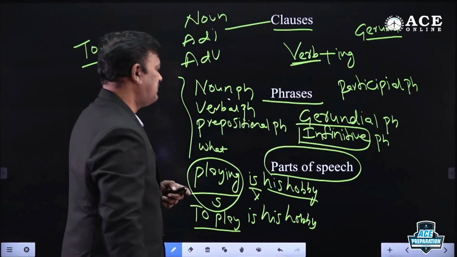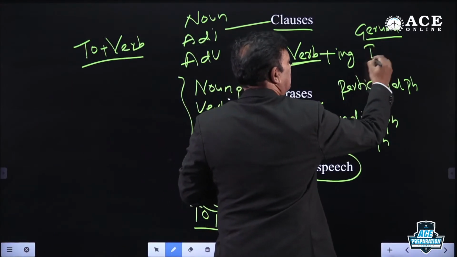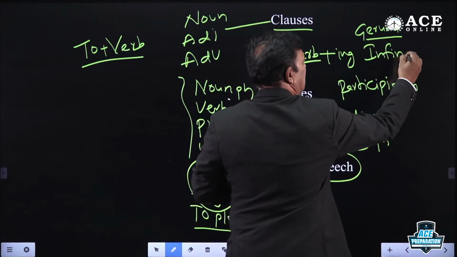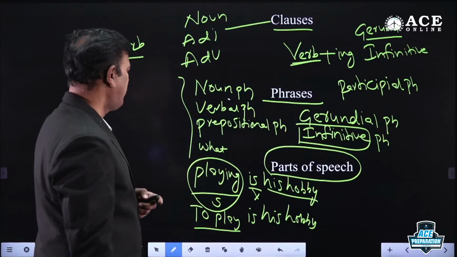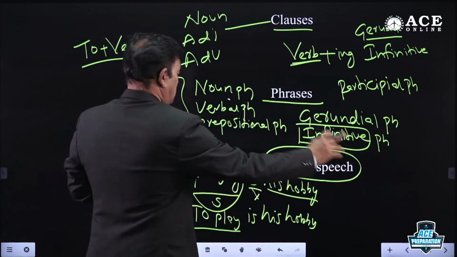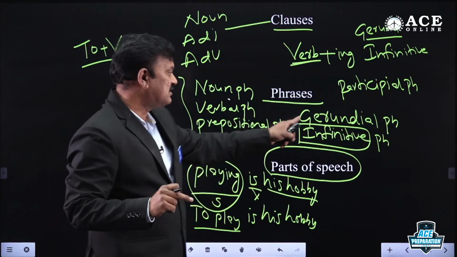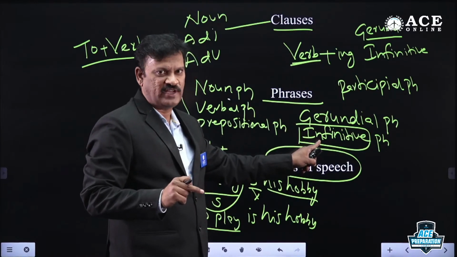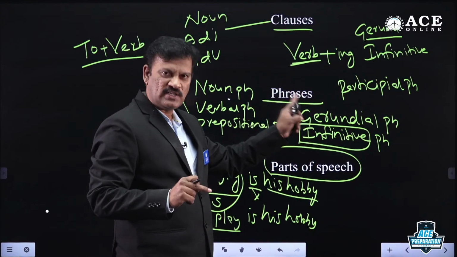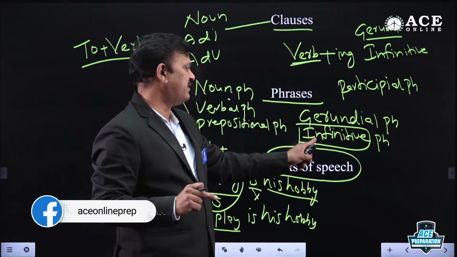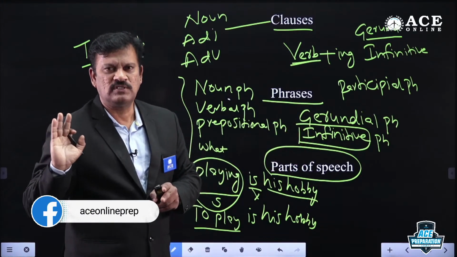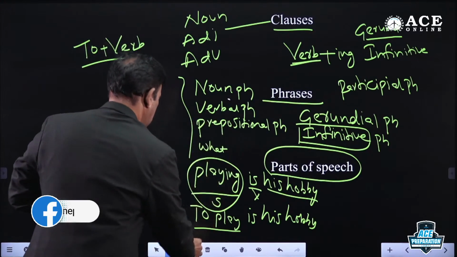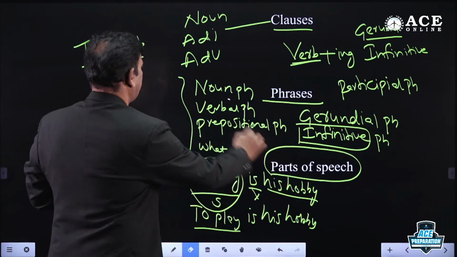This is grammatically called infinitive. Okay. I haven't talked about gerundial phrase, infinitive phrase. I just mentioned what is a gerund, what is an infinitive. Both are verbs turned into nouns. Okay. Now, look at this.